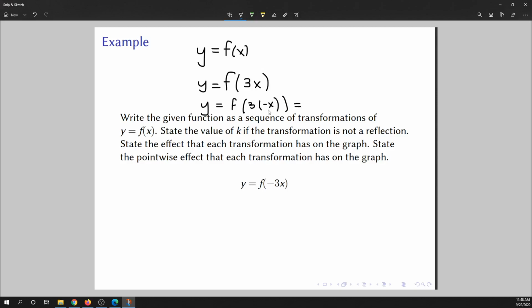This is 3 times x, so now it's going to be 3 times minus x. That's why I put it in parentheses. It's not subtraction, it's 3 times the opposite of x. So 3 times negative 1 is going to be a negative 3. Now we know the sequence of transformations that were applied to y equals f of x to wind up with f of minus 3x.